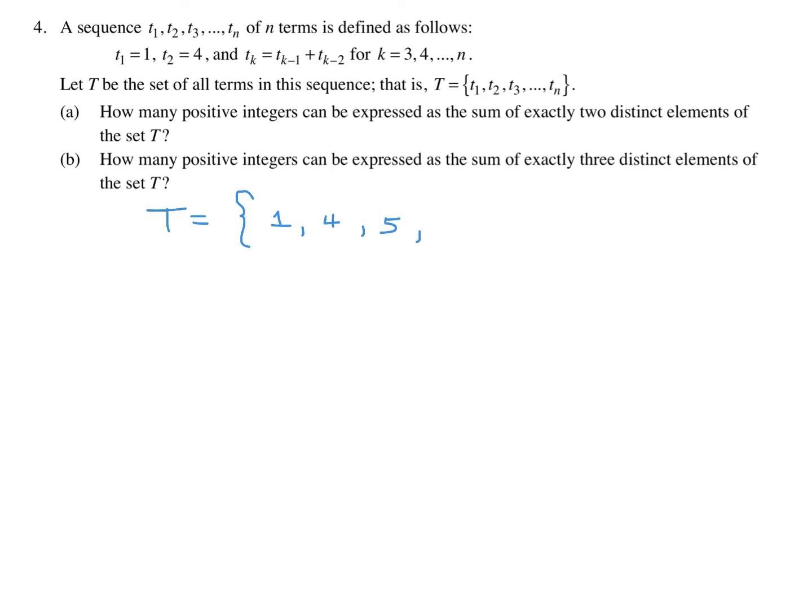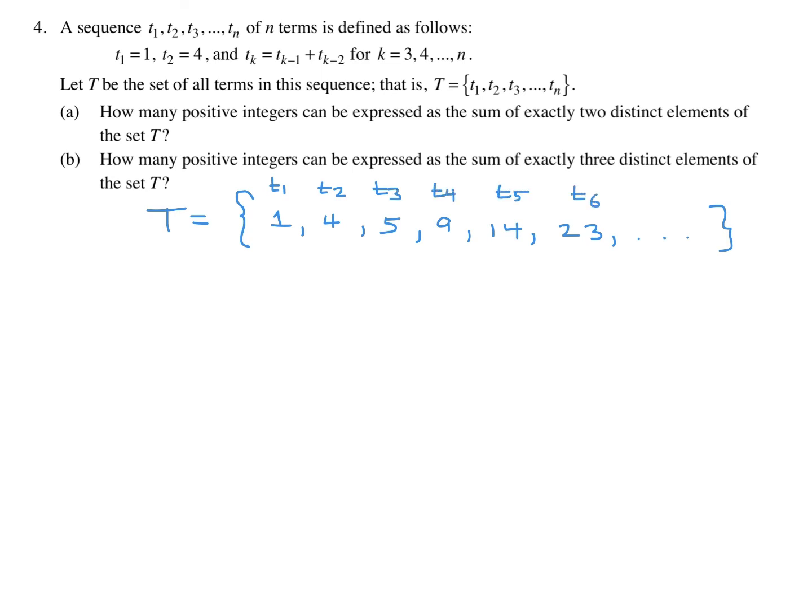The next term, which is T4, is the sum of the previous 2 terms, 4 plus 5, so 9. And then so on. This one will be 14, that's T5, and then T6 will be 23, and then so on. It just keeps on going like that. So this was T1, T2, T3, T4, T5, and T6.